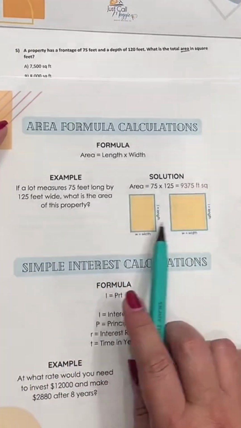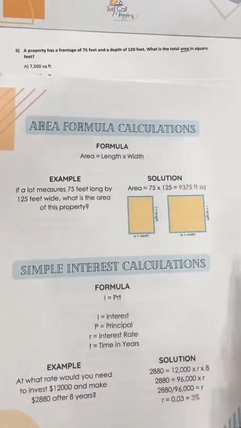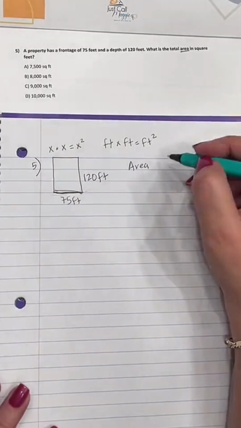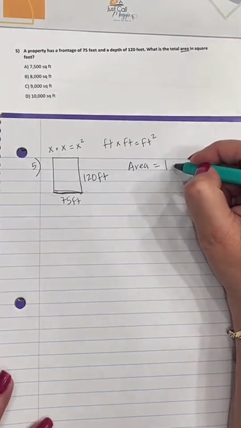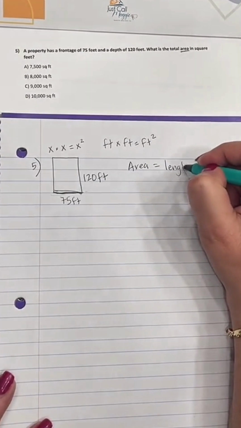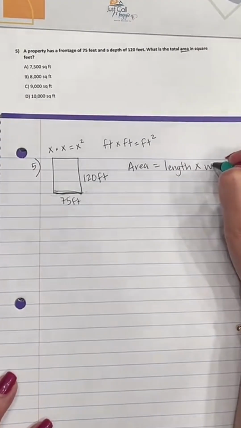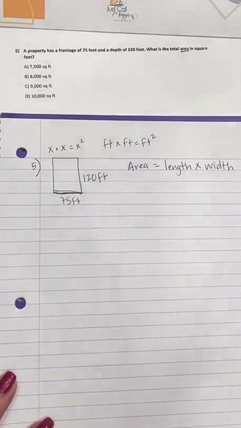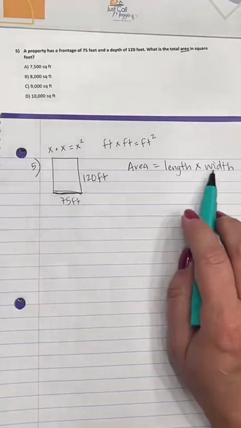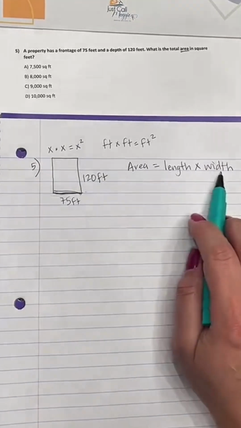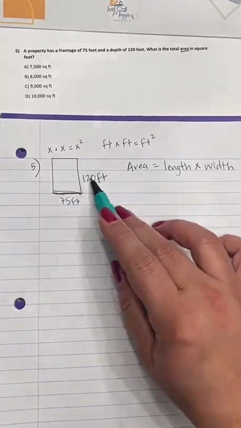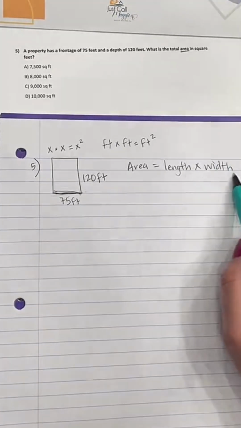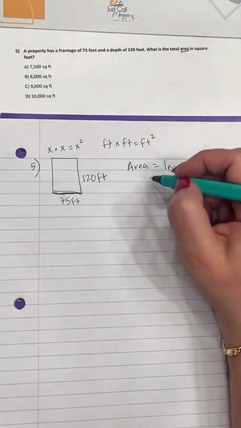So here is the solution, okay? So we're going to say area equals length times width, okay? So length times width, and it doesn't matter which one's which because you're multiplying. So it could be this one or this one, whoever goes first. It does not matter.